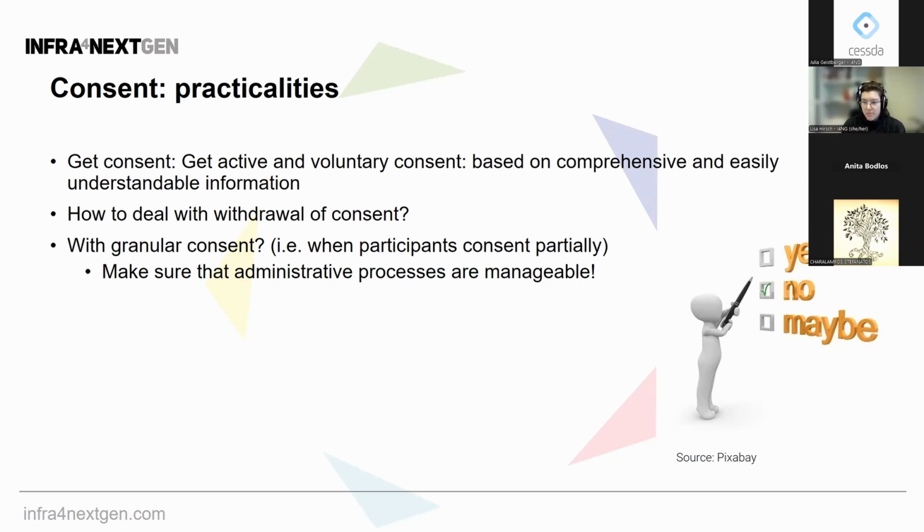That can be manageable. As a practical piece of advice, I would just make sure that these processes are actually manageable so that it doesn't get too granular, because otherwise you will be overwhelmed with managing 10 different layers and tiers of consent, which would not be beneficial to your research either.